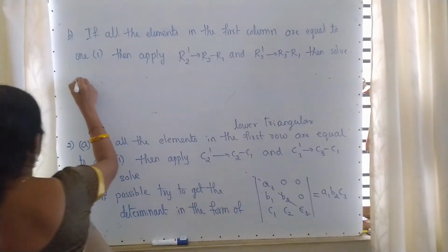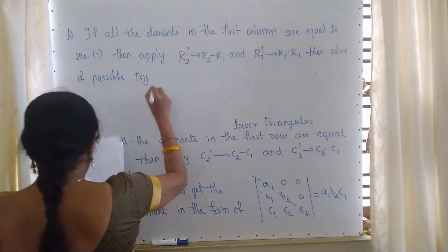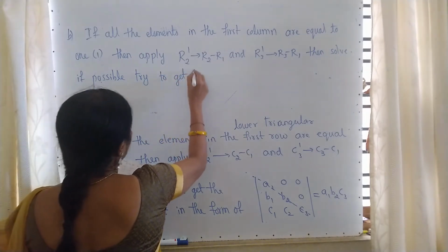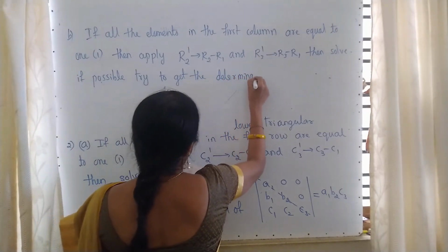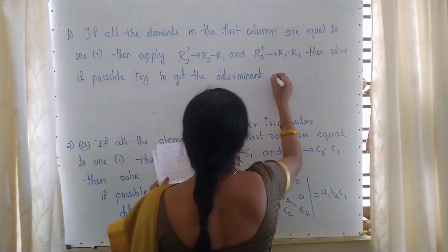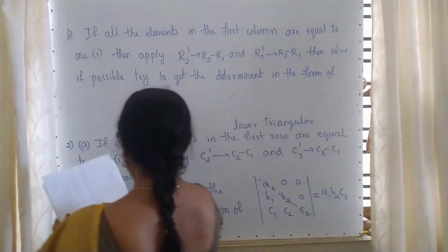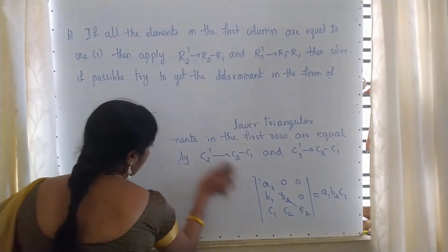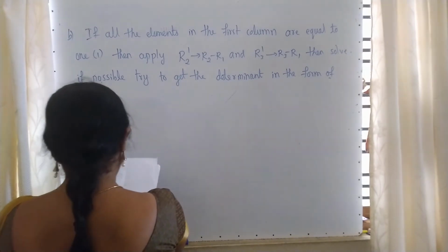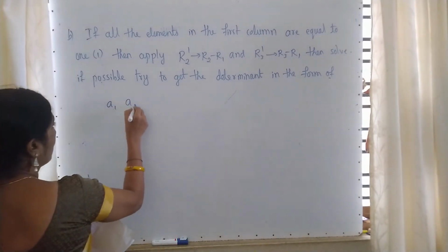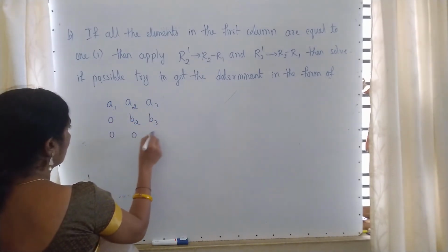If possible, try to get the determinant in the form of A1, A2, A3, 0, B2, B3, 0, 0, C3.